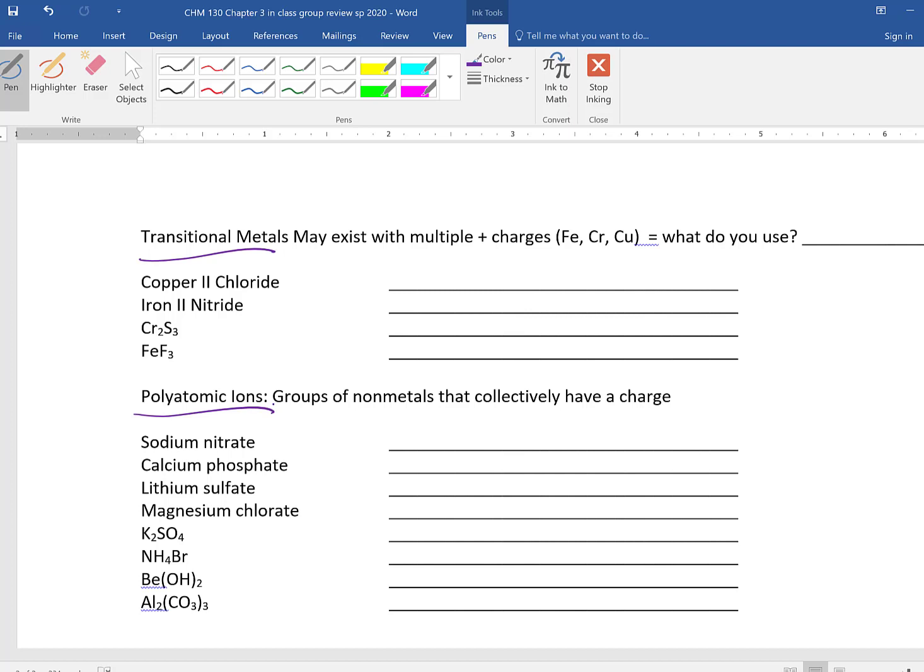From that, you can then work out the formula. So when you look at copper(II) chloride, copper is Cu, chlorine is Cl, and copper(II) tells you the charge on the copper is +2.